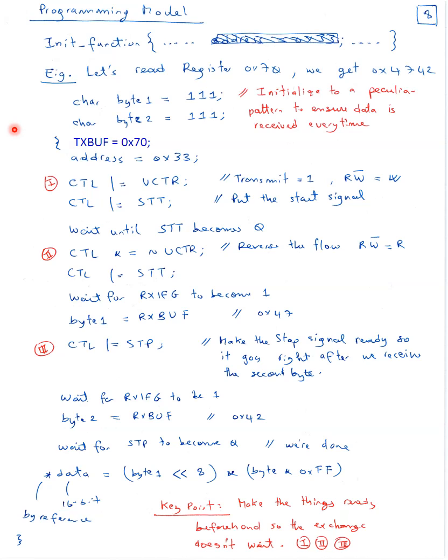So now we're gonna look at the programming model of I2C. Basically we start with an initialization function. This is gonna initialize the clock rate that we're gonna use.